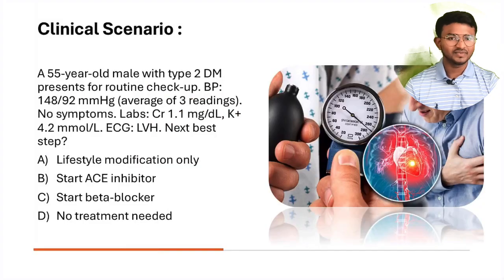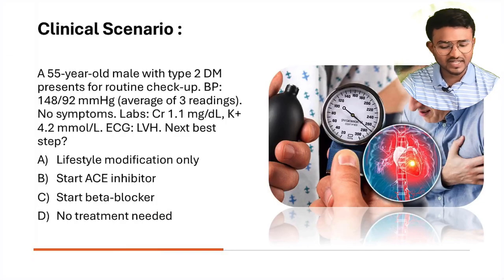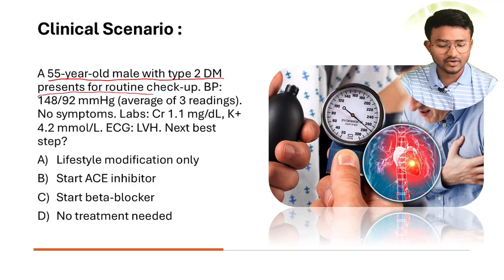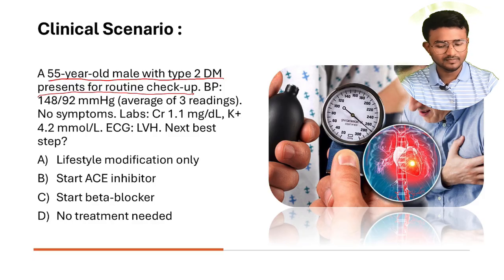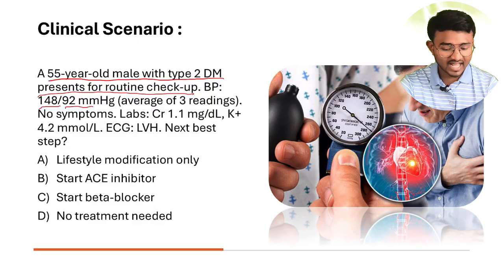So as usual, clinical scenario. A 55-year-old male with type 2 diabetes presents for a routine checkup. When the patient came for the routine checkup, the blood pressure is 148 systolic, 92 mmHg diastolic.